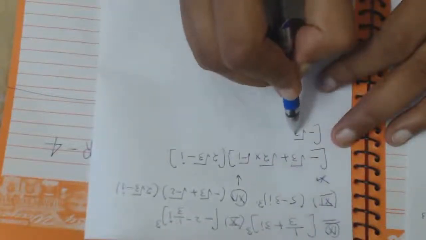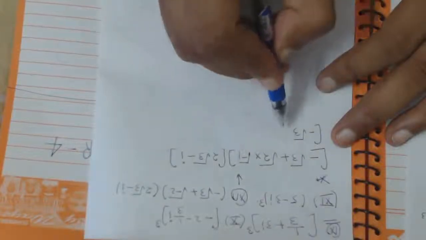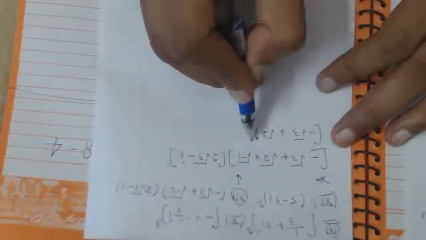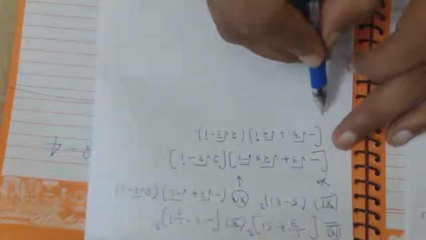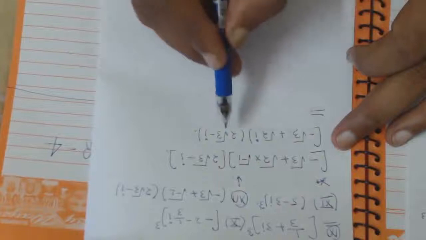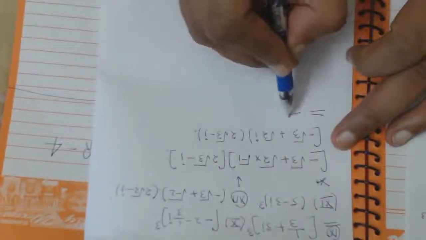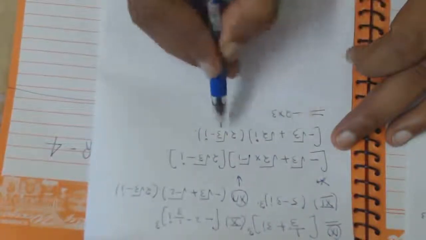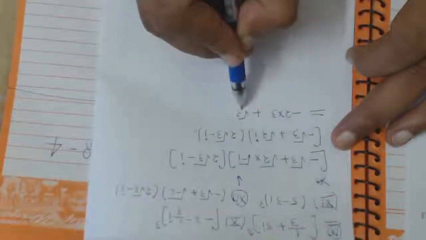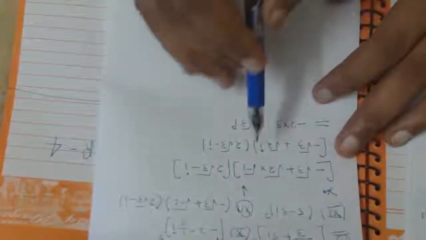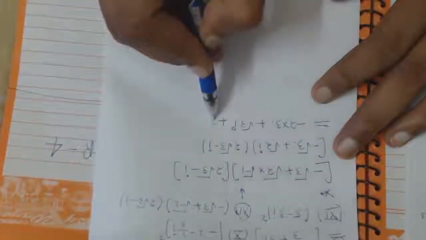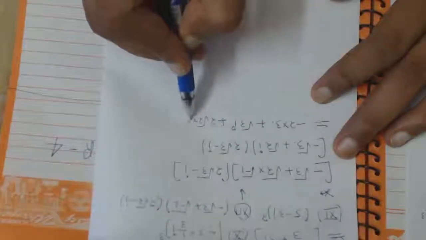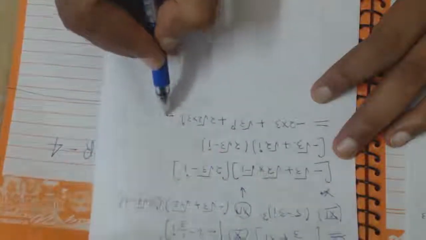Root of minus 1 is iota. Now minus root 3 when multiplied by these two numbers gives you minus 2 into 3 plus root 3 iota. Root 2 iota when multiplied by these two numbers gives you 2 root 2 into 3 iota minus root 2 iota square.